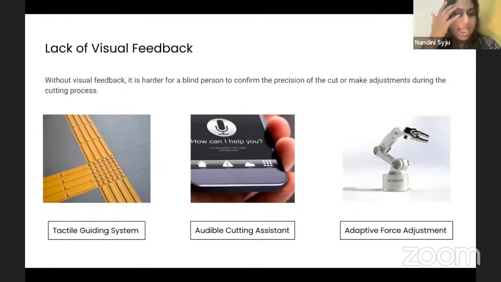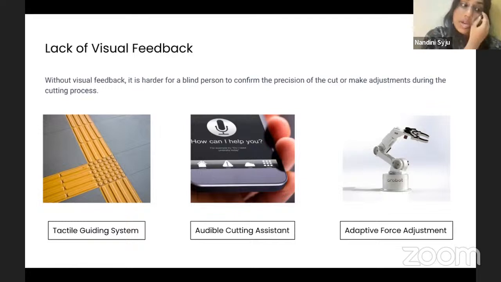Moving on, lack of visual feedback. So over here we have three subcategories, right? So you can solve this by auditory, tactile, or even haptic.